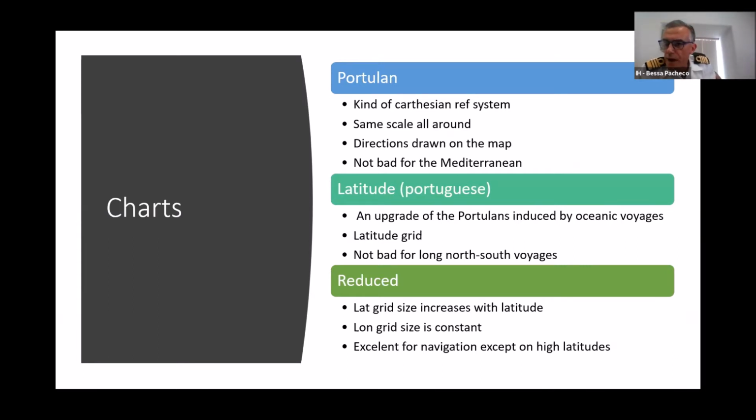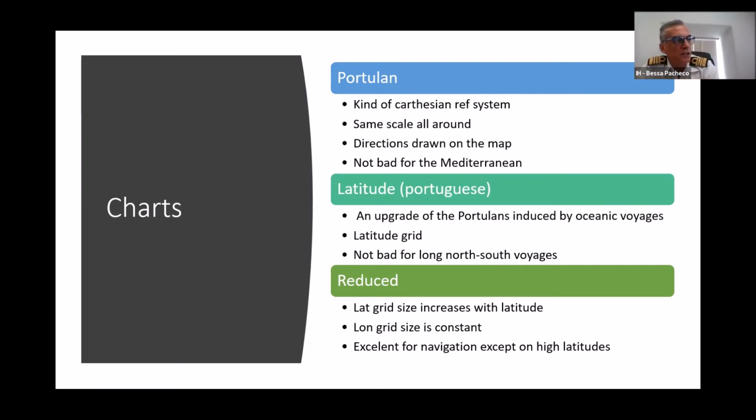It's really not a bad system for the Mediterranean and for the precision that the sailors needed at that time, and that they could do. So it's not bad if you are in a limited region, essentially going on the longitude horizontal, and with not much difference in vertical, in latitude.